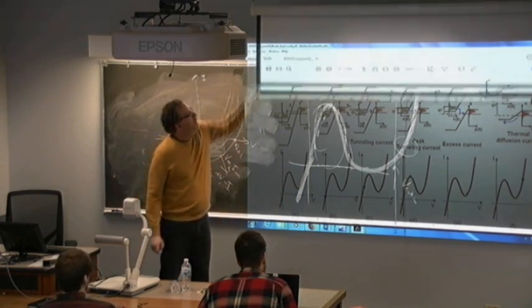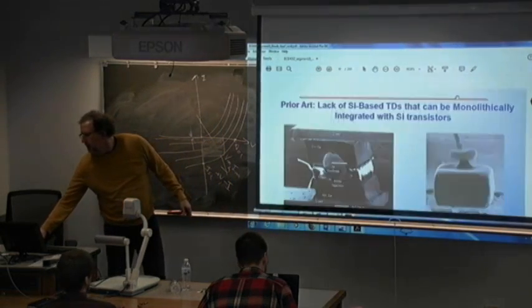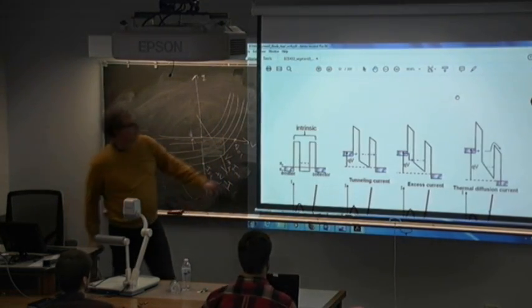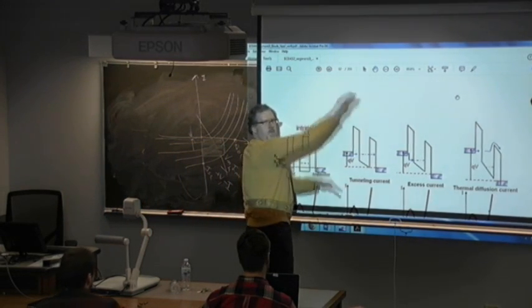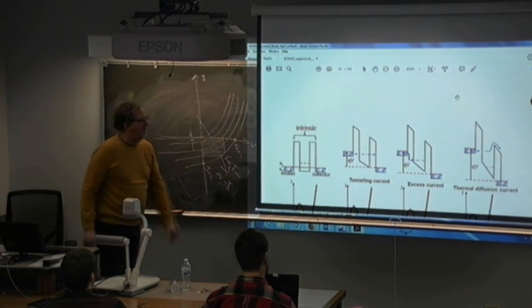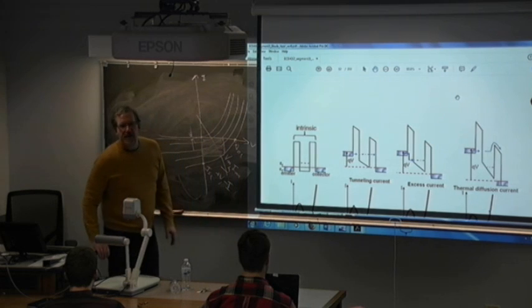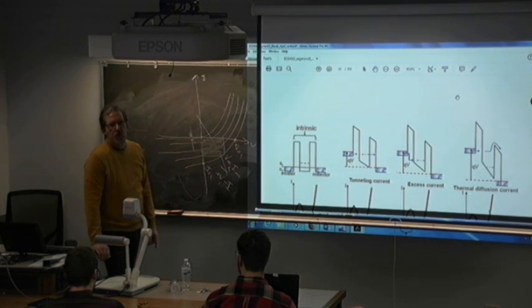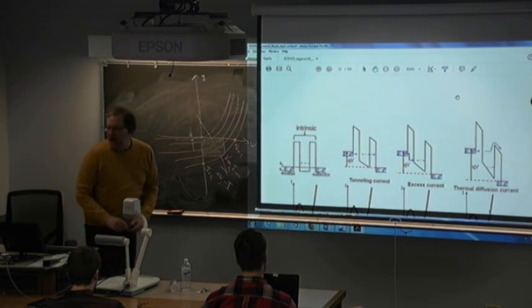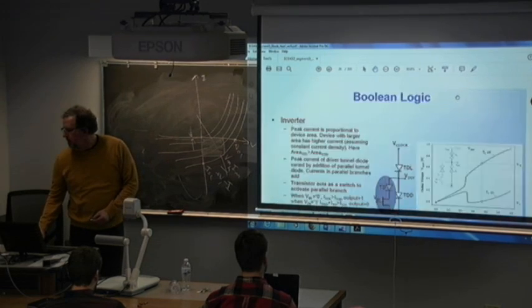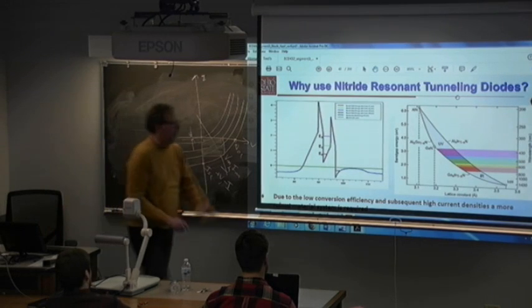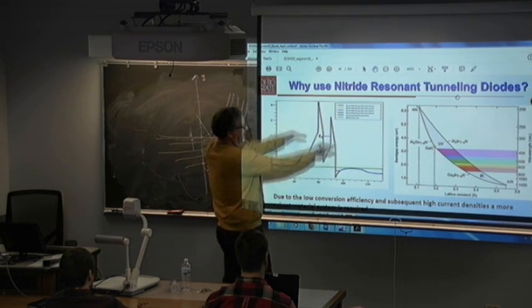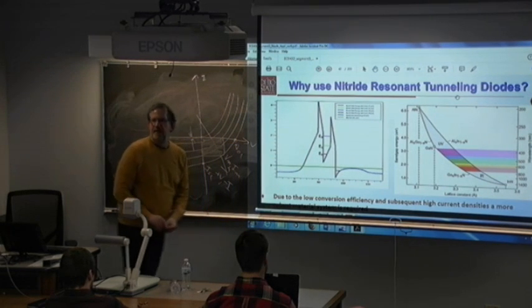For an RTD, actually, it's symmetric. It doesn't matter whether you go this way or that way. A true RTD is symmetric. You get an NDR in reverse too. Unless you want to talk about these wonky things that we're publishing on now. These are not symmetric. It's a complete mess.